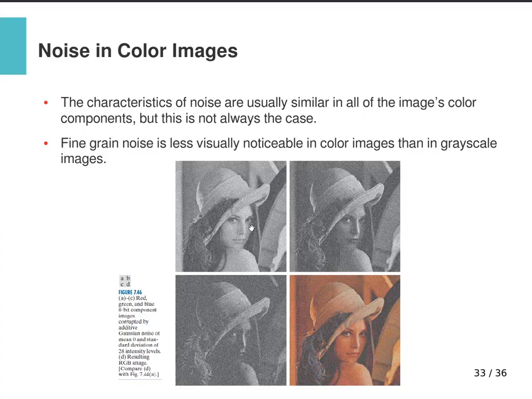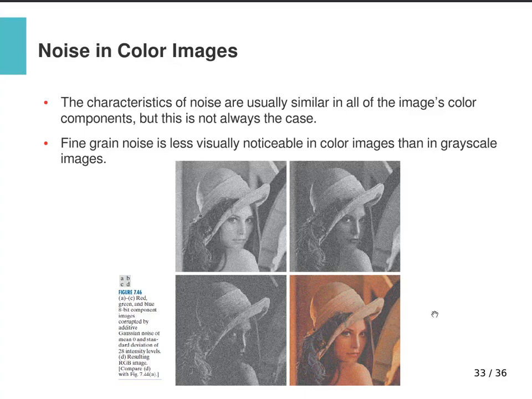On top left you see the red component of a noisy image, top right you see the green component, and bottom left you see the blue component of the noisy image. And for each one of them we have Gaussian noise of average 0 and a standard deviation of 28 intensity levels.